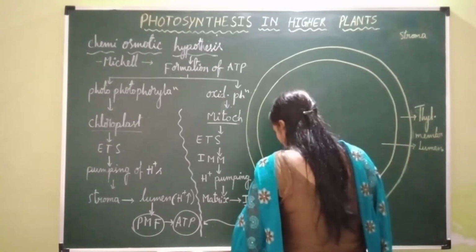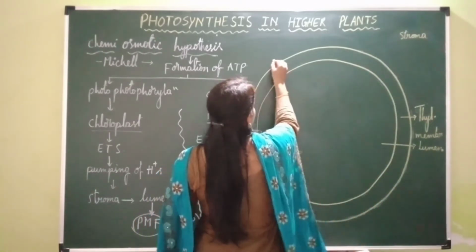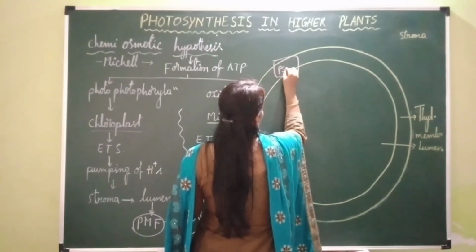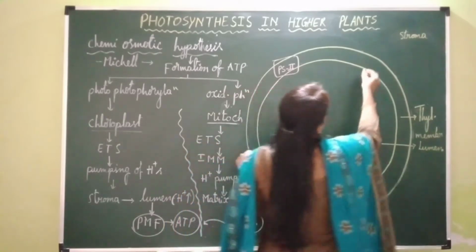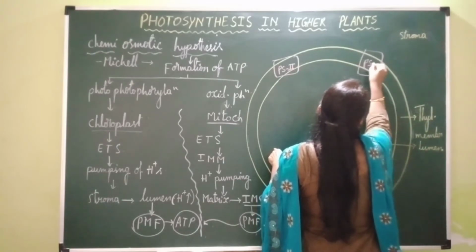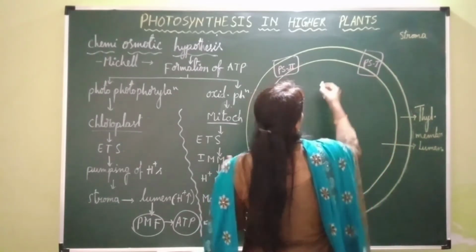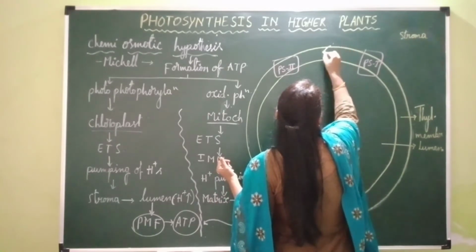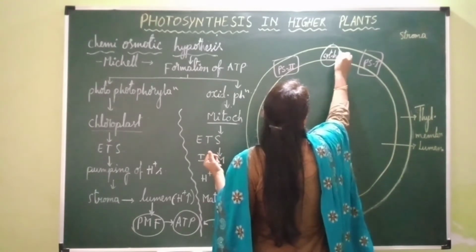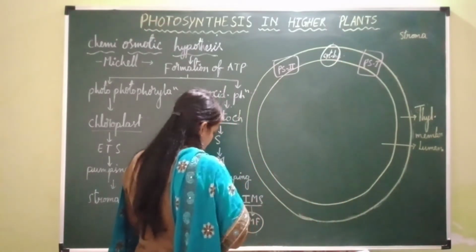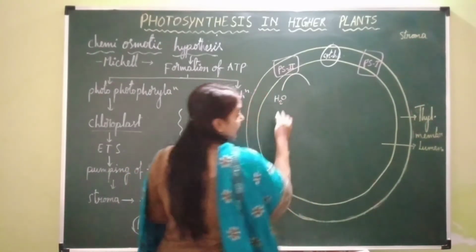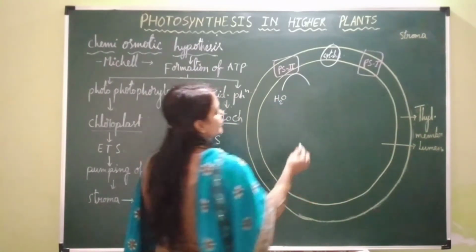In this thylakoid membrane, pigments are present in the form of photosystems. So this is photosystem 2, PS2, and this is photosystem 1, PS1, and here I am drawing the cytochrome b6f complex. To photosystem 2, a water molecule is transiently associated towards the inner side of the thylakoid membrane, that is the lumen side.